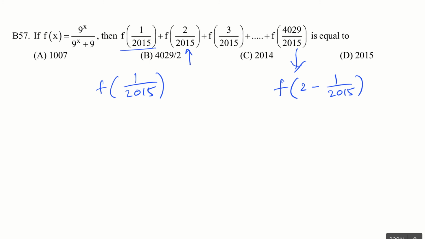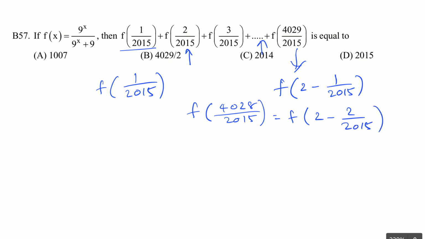Similarly, if I take this one and the last but one here, the last but one is f of 4028 by 2015, which is nothing but f of 2 minus 2 by 2015, like that. So you can see some connection between this and the last but one here. So we get a doubt whether any relation is there between f of x and f of 2 minus x.